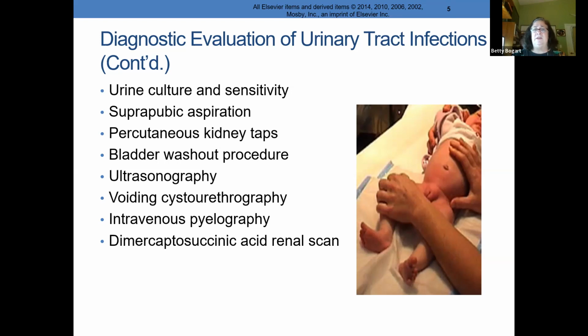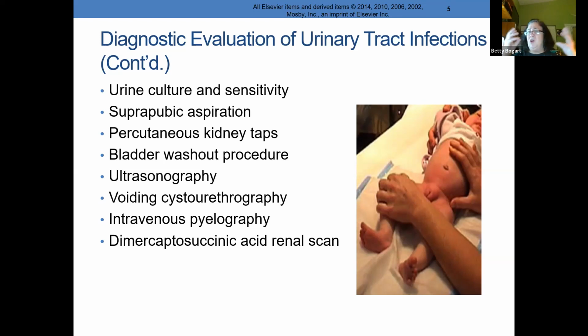Sometimes we've got to go in to do a kidney tap because of the infections there. We can look at their ultrasounds and voiding cystourethrographies. These are done for children who are having frequent urinary tract infections that we can't stop. Maybe there's some sort of obstructive uropathy going on.